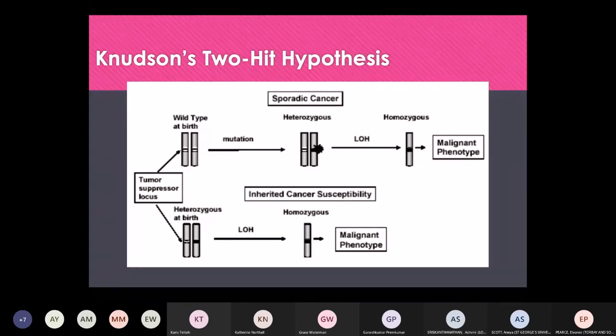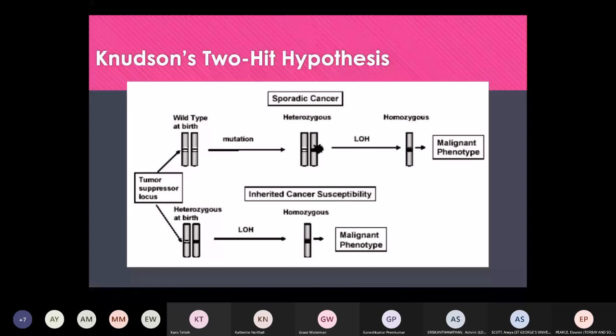That then might be affected later in life, but you've got two chances of the cell staying normal, if you like. Whereas if, for example, you've got something like a BRCA mutation along the bottom line, you've got one gene that is affected at birth. So it only takes one hit to lead to a cancer. It's almost like you've got two chances on the top line of things going wrong.